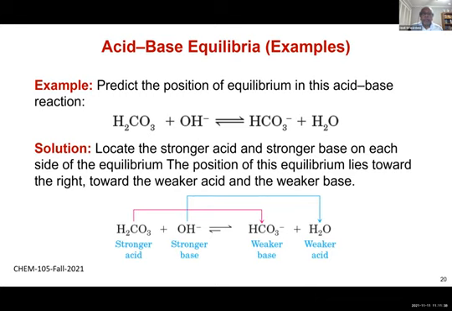Therefore, these are again in equilibrium. Right side is favored. Strong base and strong acid go to weaker base and weaker acid. The weaker acid, weaker base side is favored. Equilibrium lies towards the right side in this case.